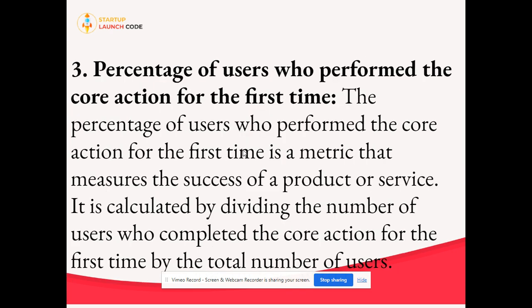Then the last metric is the percentage of users who perform the core action for the first time. So those are the three core metrics you need to look out for if you are looking to improve your product's adoption rate. So now that we understand these metrics, it's time for us to know, okay, how can we improve our product adoption rate.